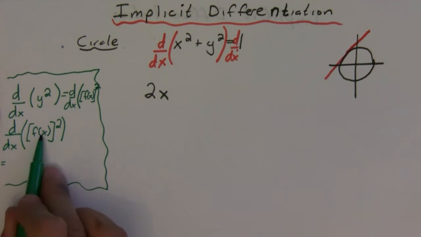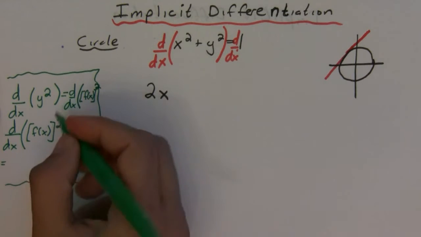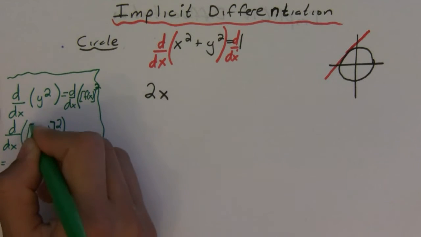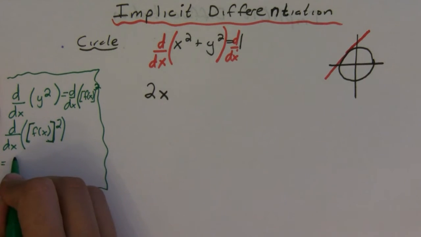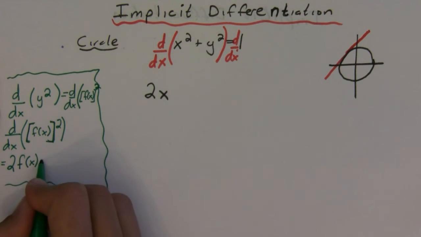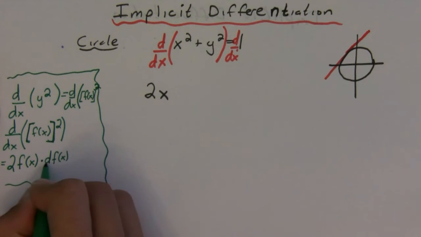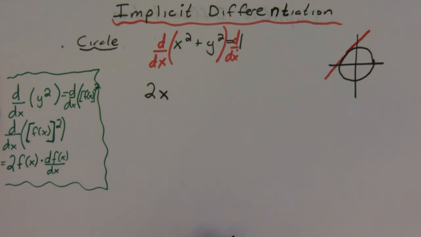right? Because we have a function being squared, so the chain rule says, get the derivative of the outside function, which is this function f that's being squared. So this would be 2 times f of x times the derivative of f of x with respect to x.